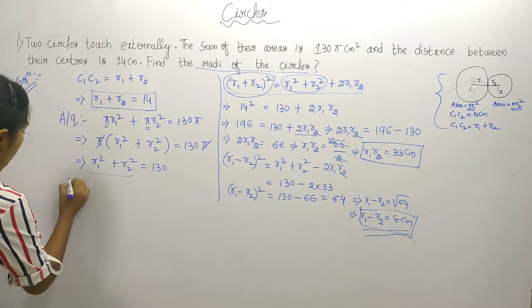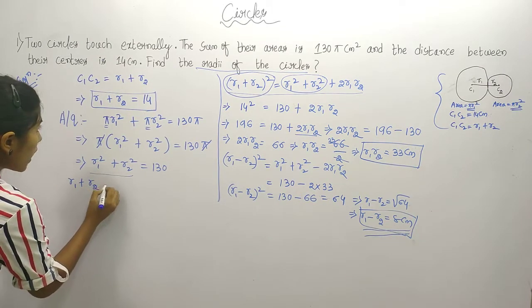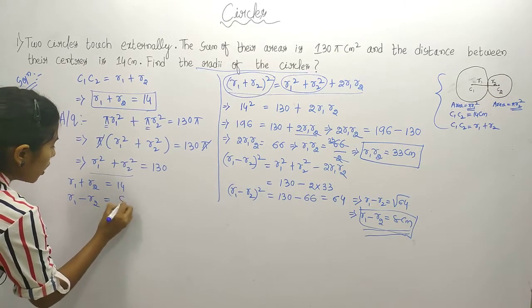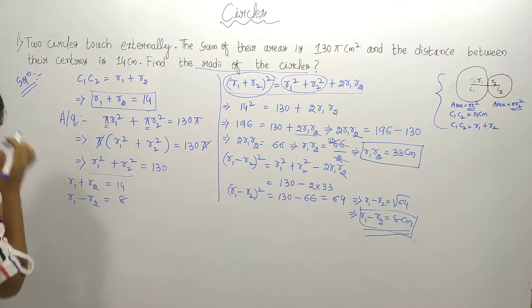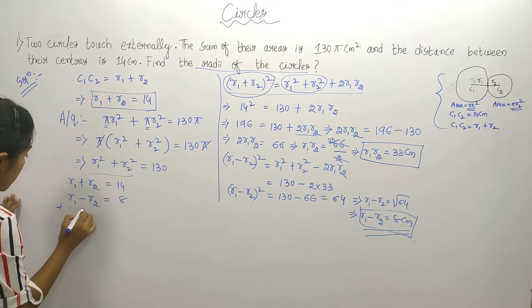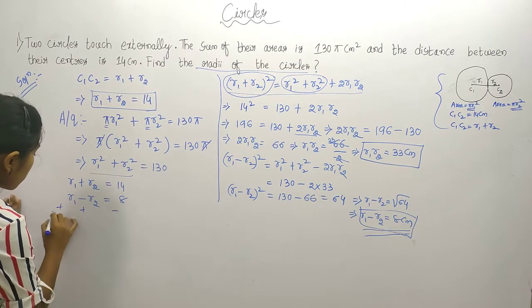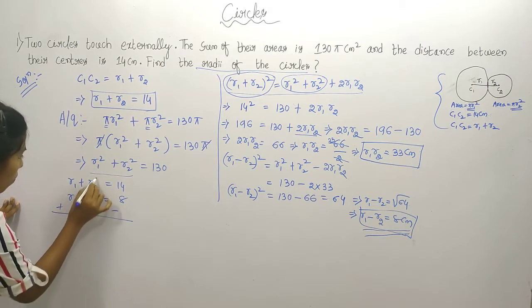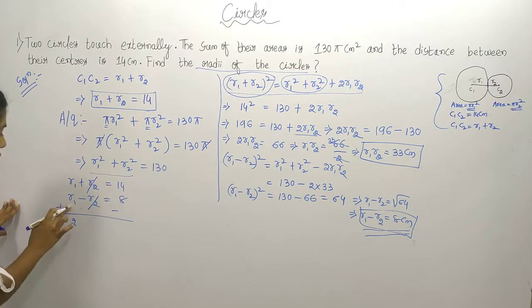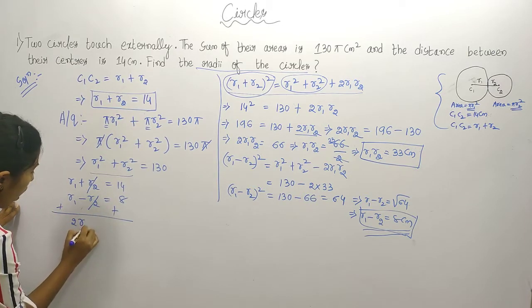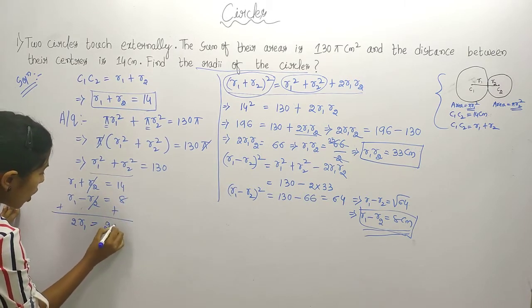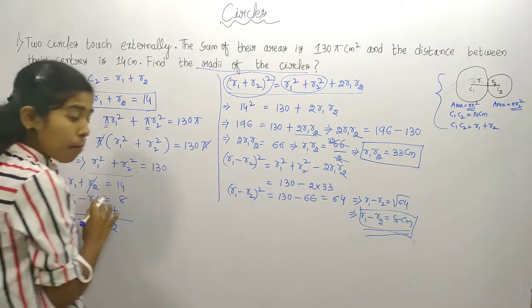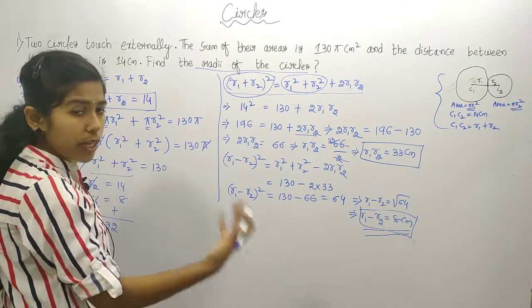Here plus r2 is there, minus r2 is there, so plus and minus will cancel each other.